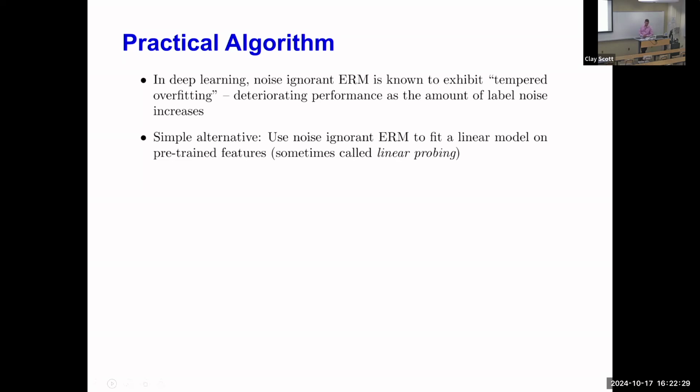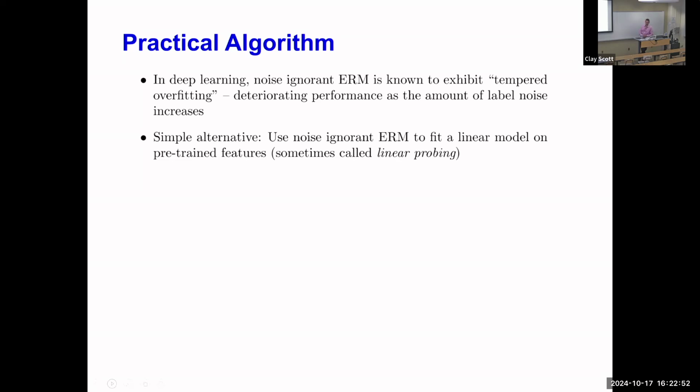So it's really not applicable. If you're in an over-parameterized regime, those bounds can never be less than 1. So it's not meaningful.